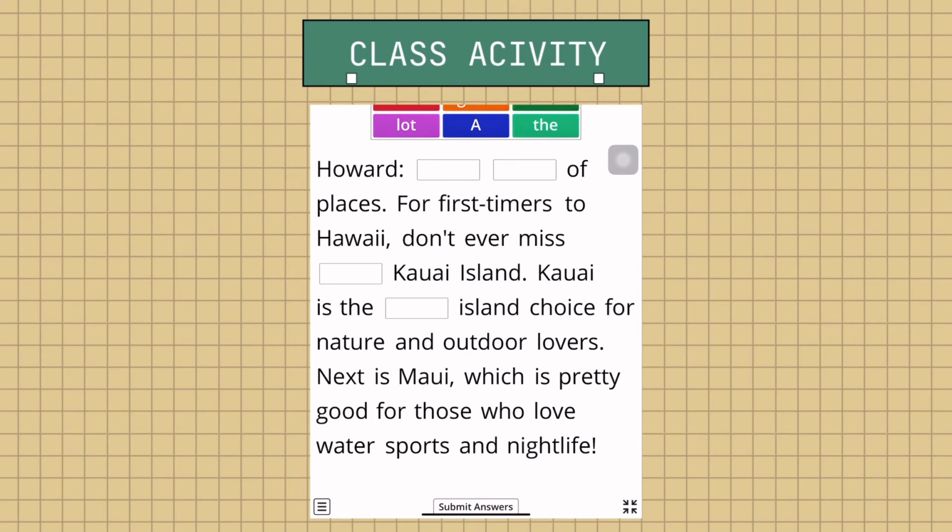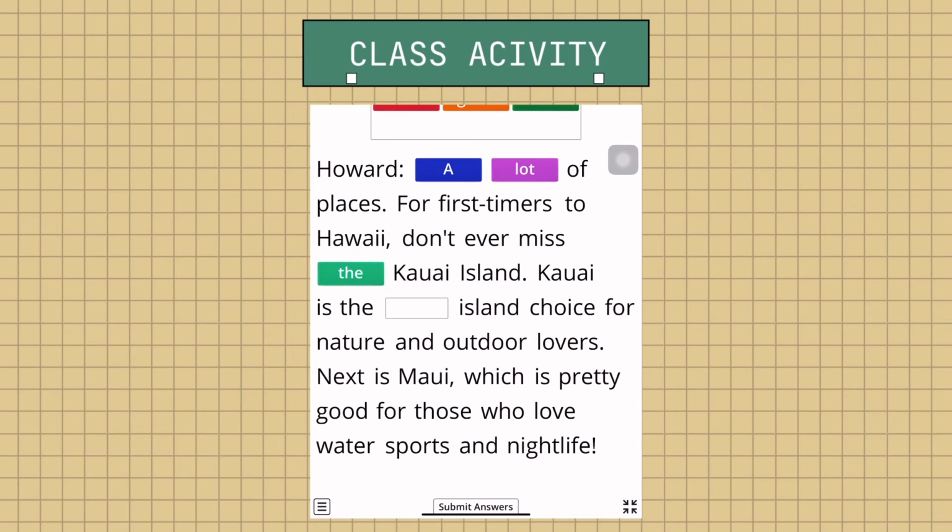This dialogue right here is a little bit longer compared to other ones. Let's see if you can answer all of them correctly. What's the answer for the first two columns? A lot of places. Okay, very good. For the first timers to Hawaii, don't ever miss the Kauai Island.